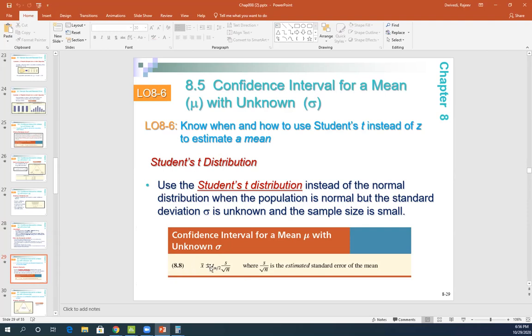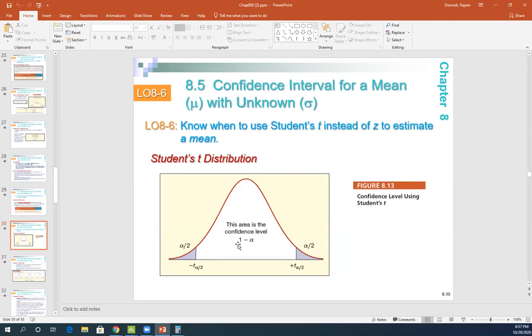So x bar plus minus t value times s over square root of n. X bar is the sample mean, small s is the sample standard deviation, and n is again the sample size. Based on that, you calculate the confidence interval.